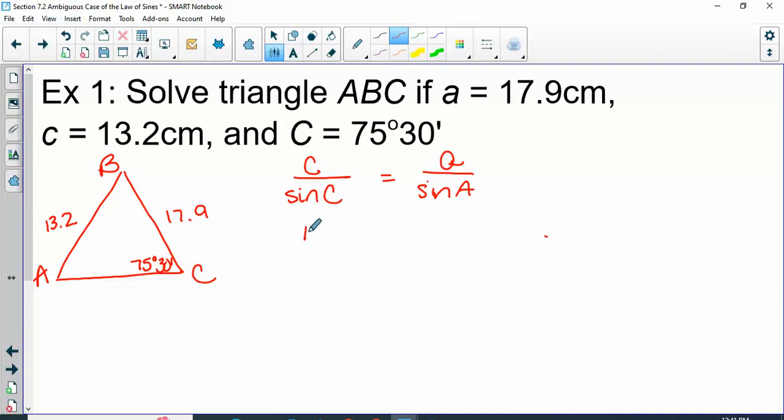So side c is 13.2 divided by the sine of 75 degrees, 30 minutes, equals side a, 17.9 over the sine of angle A.